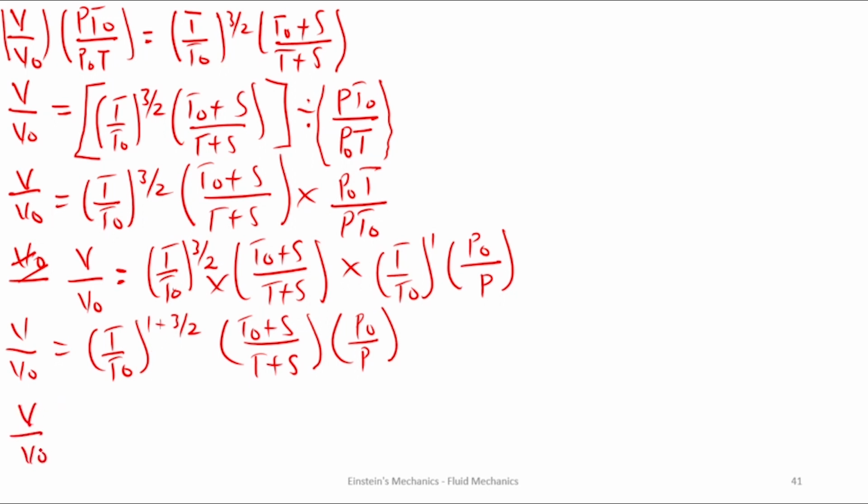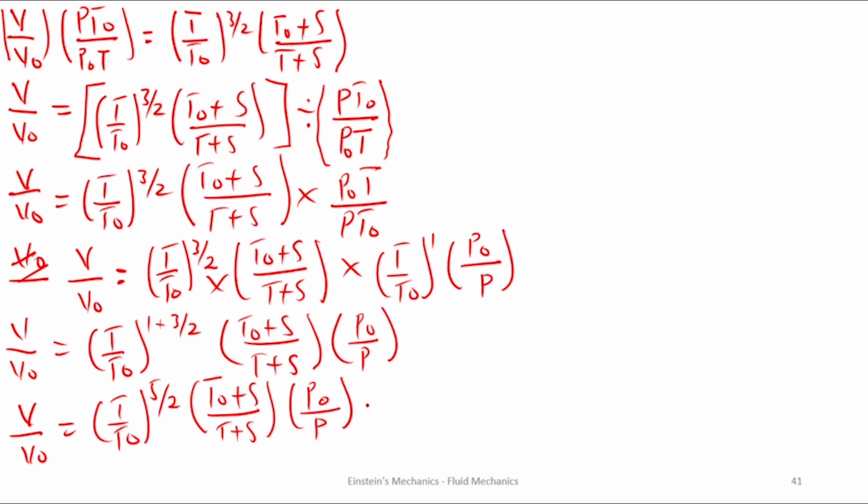So V on V naught will be our T on T naught to the power 5 on 2, then T naught plus S on T plus S, times P naught on P. So finally, this is the equation we are looking for.